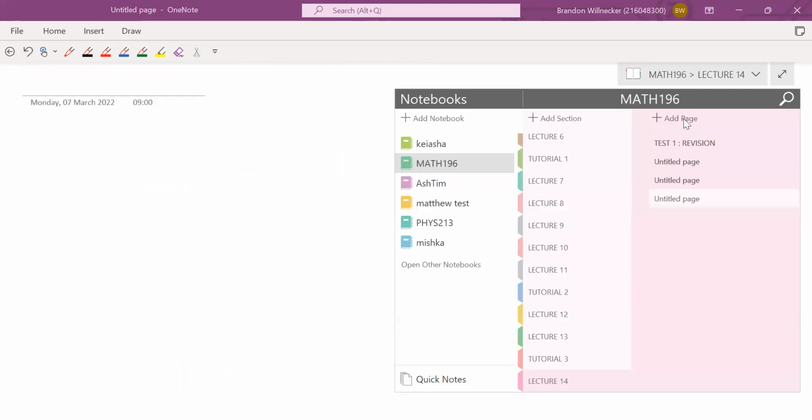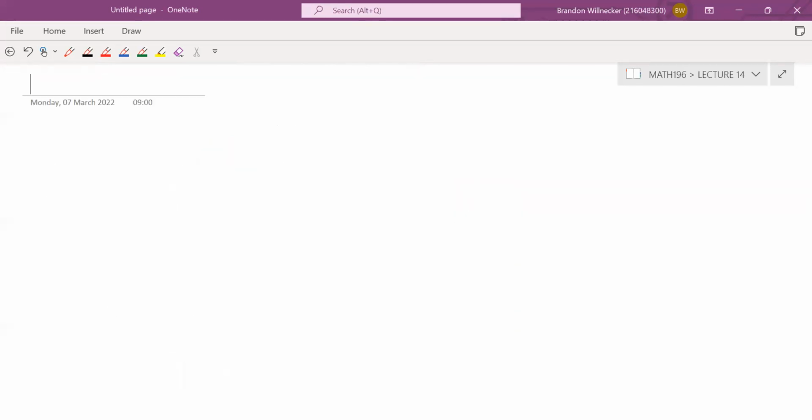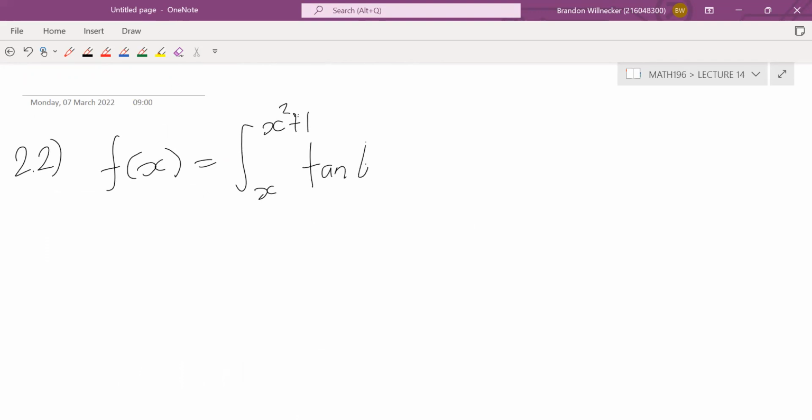Okay, let's take a look at the next one, 2.2. Okay, so now we have f of x is equal to the integral from x to x squared plus 1. Sorry, let's rewrite that. x to x squared plus 1, and then we had tan of t dt.